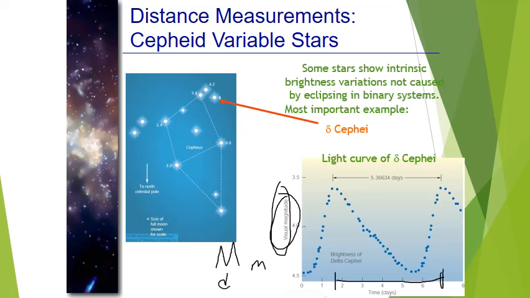And again, we'll get practice using that equation. It's not something you have to memorize, but it is useful in determining the distance to, in this case, the star. And of course, the star is just located within a galaxy, so if you know the distance to the star, you know the distance to the galaxy.